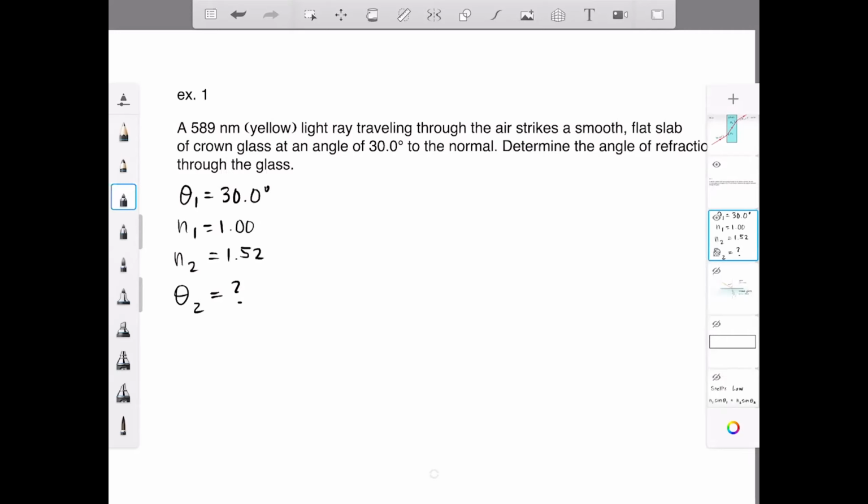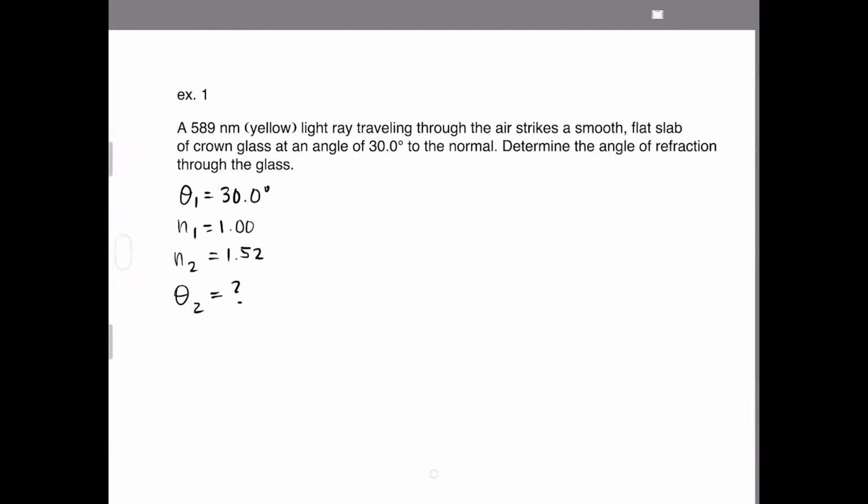So here's what we do. Using our formula, N1 sine theta 1 equals N2 sine theta 2, we just plug the stuff in. All right, so we have 1.00 times sine 30 equals 1.52 sine theta 2.